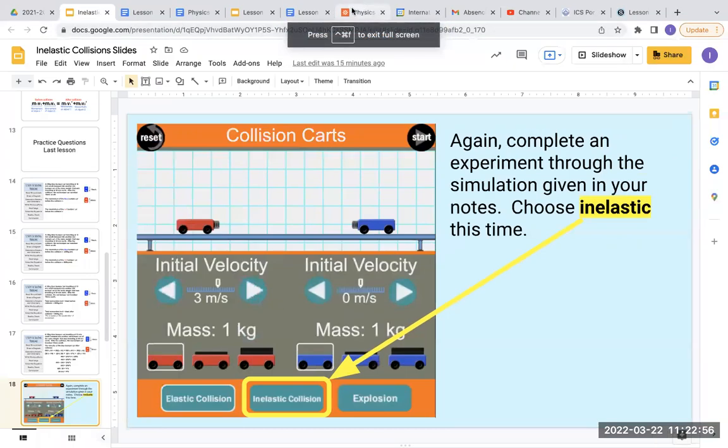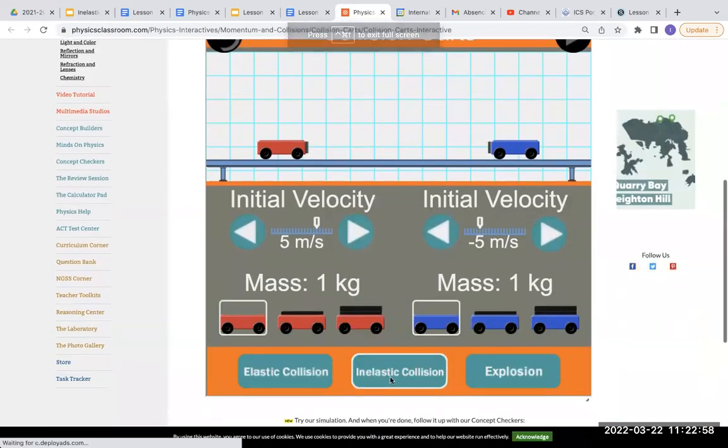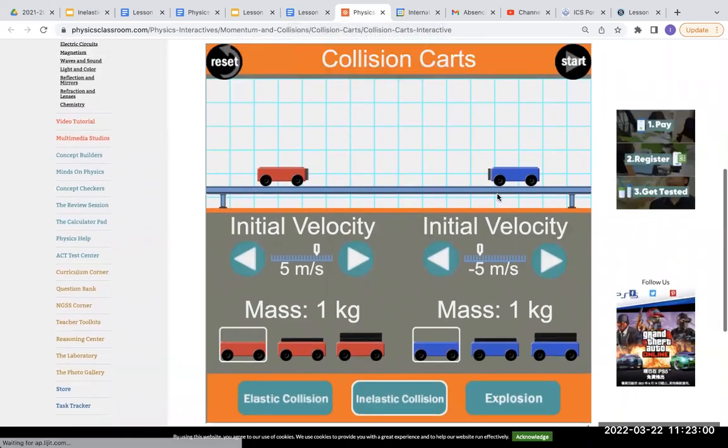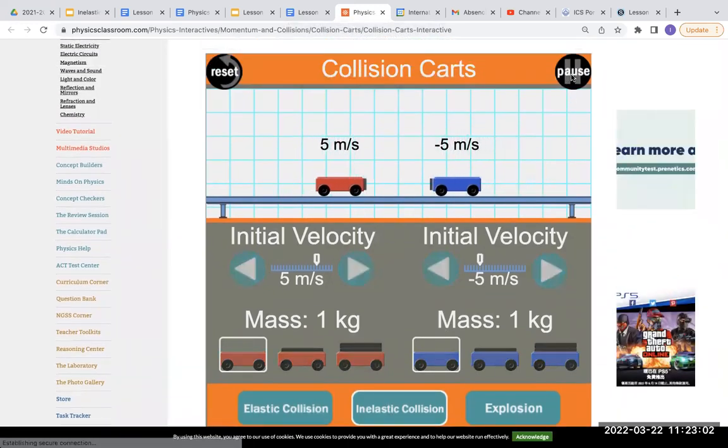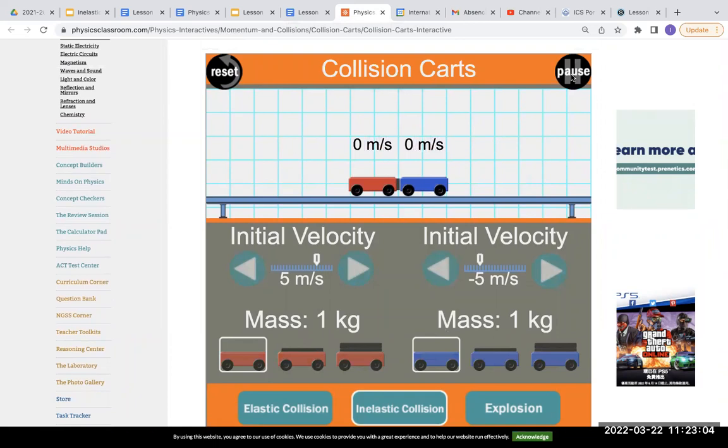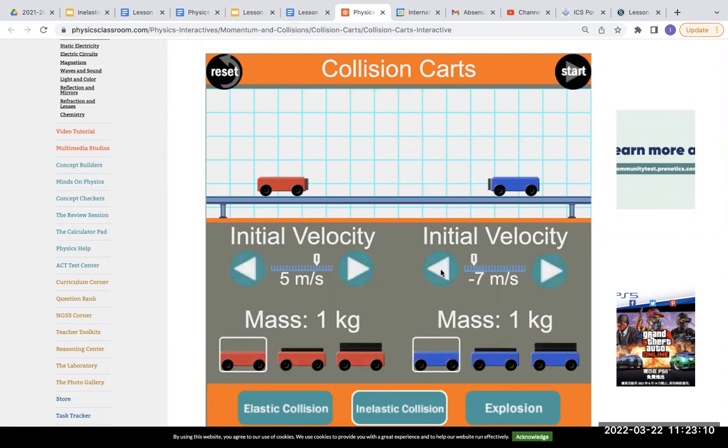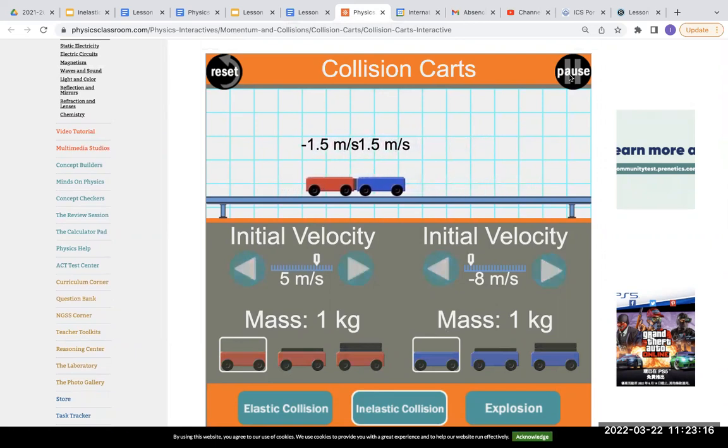Now, if you click inelastic collision and click run, you will notice something very strange. The cars will be stuck together and they will travel together. Let me change the velocity value and show you that one more time. All right, this is what inelastic collision is.